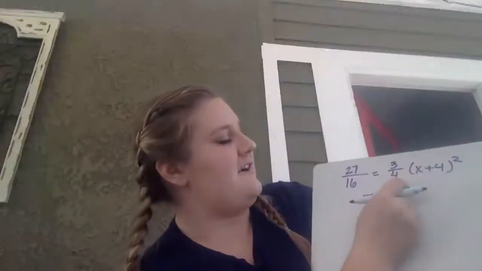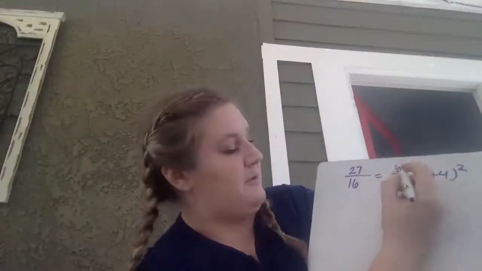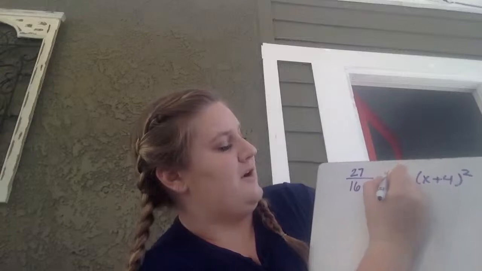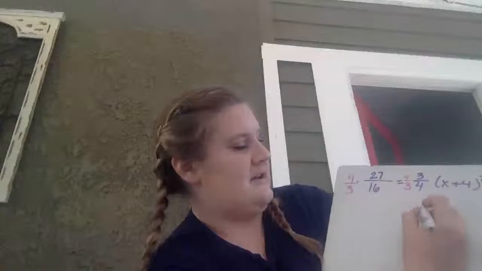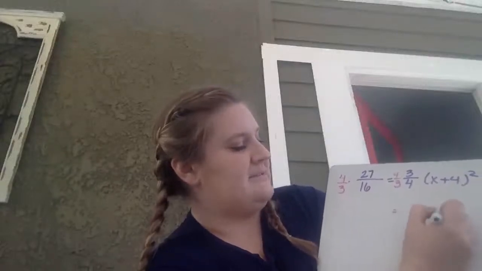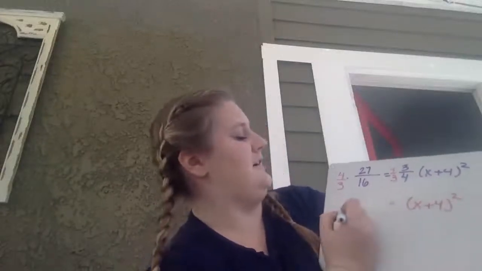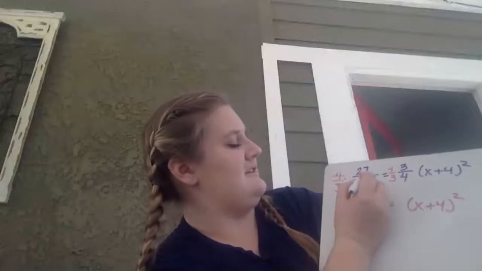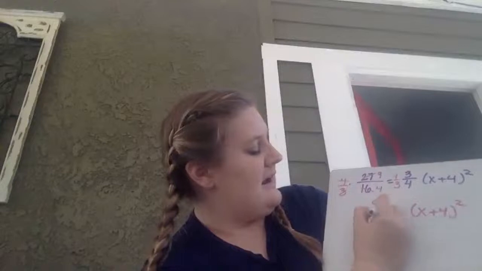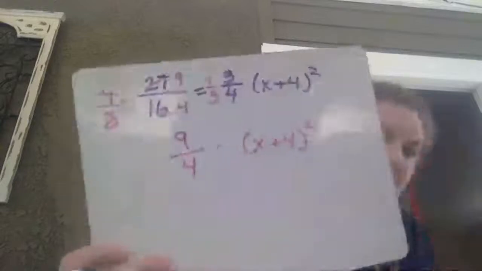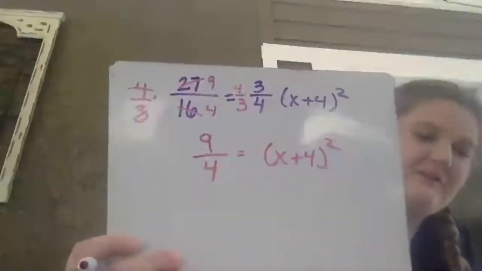We're going to get this scale factor out of the way, so we're going to multiply by the reciprocal. So we're going to multiply by 4/3 on both sides. So we get (x + 4) squared. And then we can cancel these out. This is a 4, 9. So we get 9/4 equals (x + 4) squared.